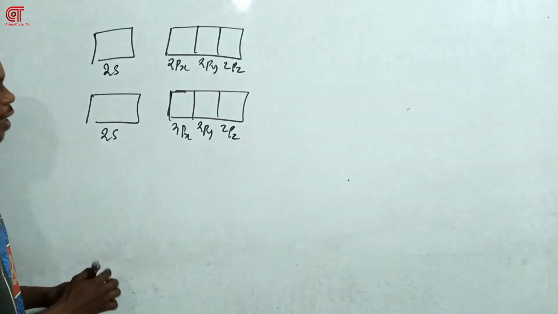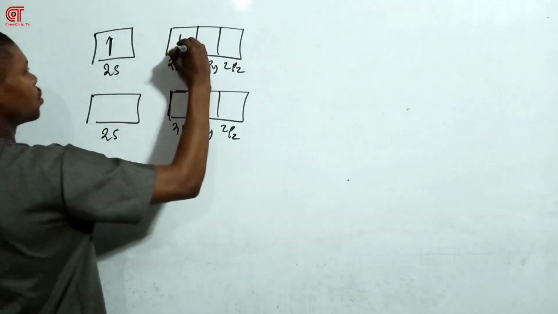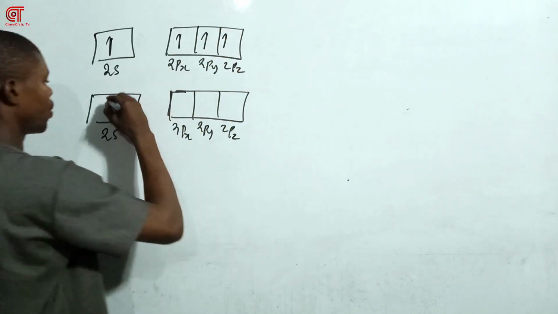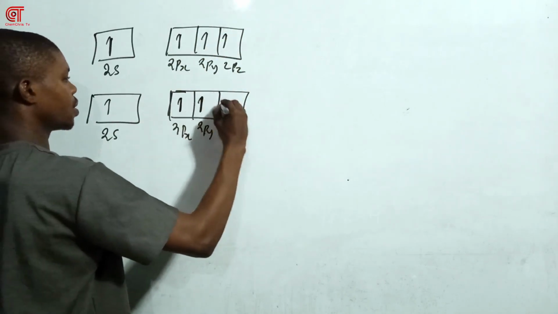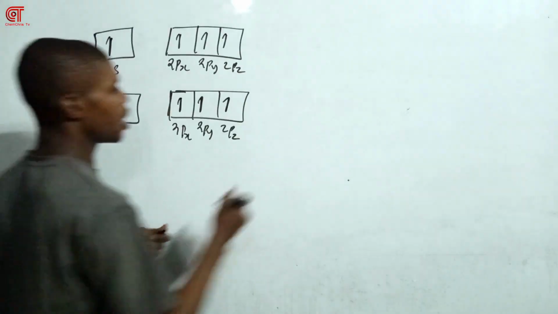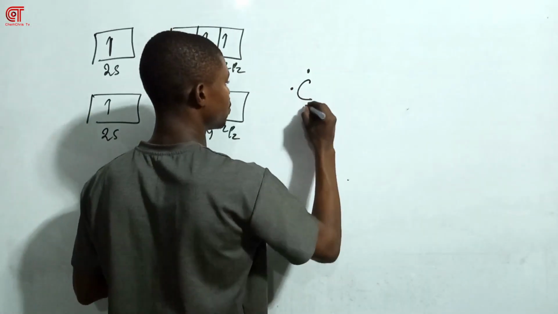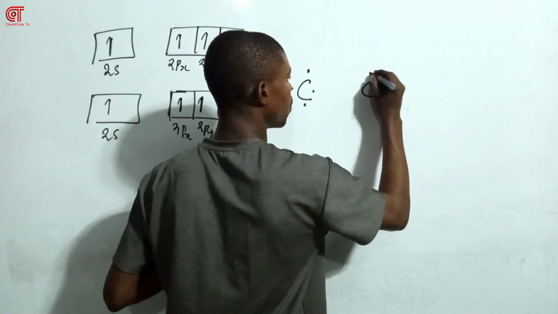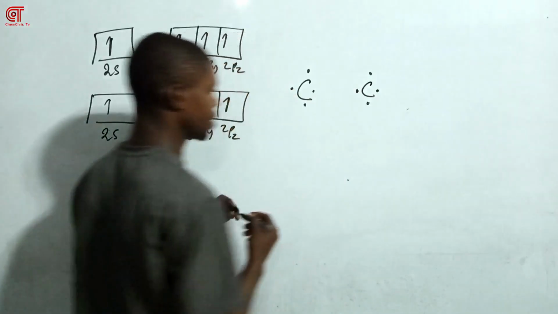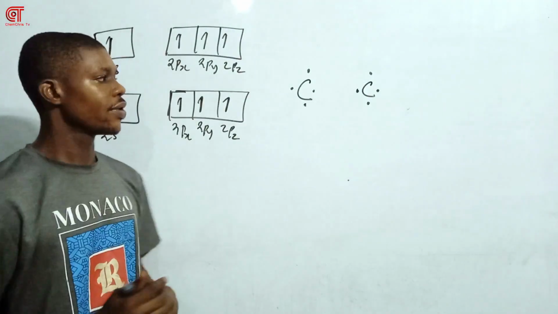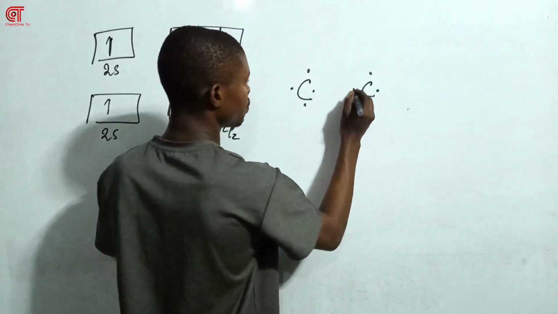When you look at this one here, remember we have 1, 2, 3, 4. Do you get that? So here, two of them will bond together.